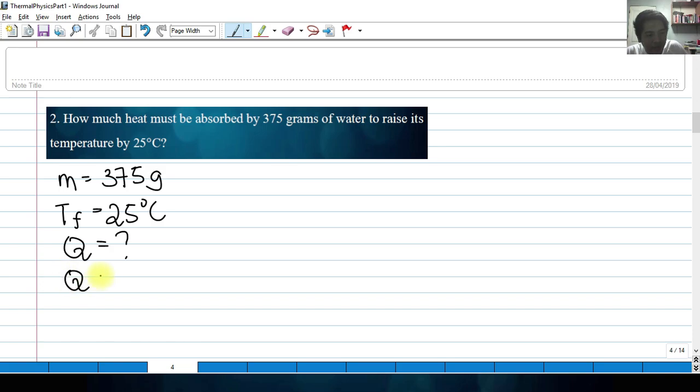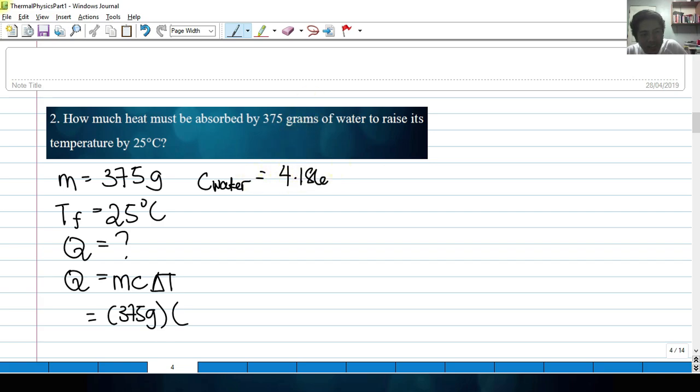So we have here the formula again, mc delta T. We have the mass, 375 grams, times the specific heat. Again, the specific heat of water in terms of grams is 4.186 joules per gram degree Celsius, times delta T. Our final temperature is 25 degrees Celsius.